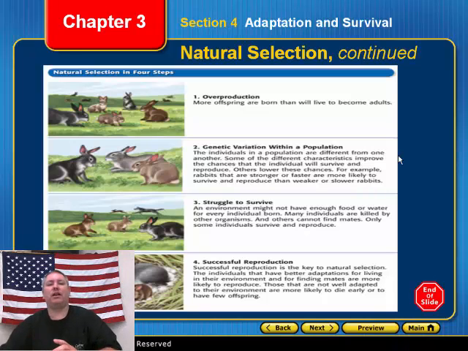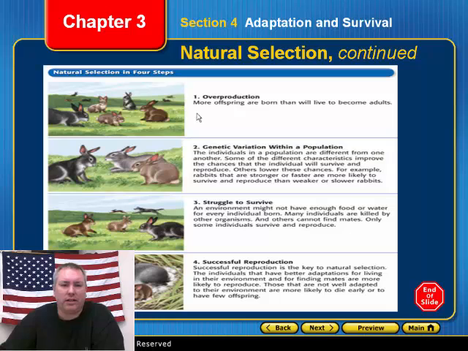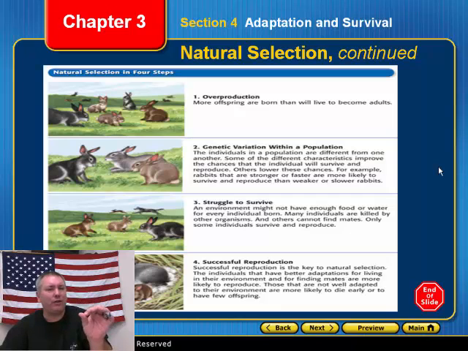I just talked about that, so we won't go over it again. So here are the 4 steps to natural selection. The first step is this idea: more offspring are born than will live to become adults. In other words, they're going to produce many babies, in the hope that a very, very few of those will actually reach number 4.